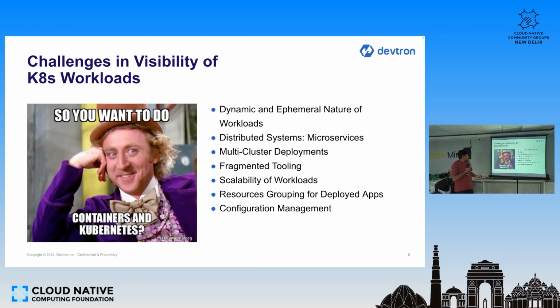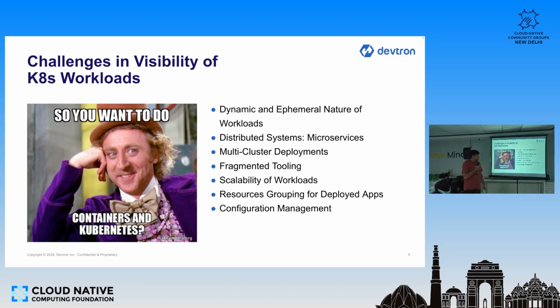So, the challenges for workload visibility. When we handle our Kubernetes infrastructure with kubectl, we do not have full visibility of workloads. Definitely, we can get visibility by running some commands. We can get the details about the pods, logs, at which namespace, what is running. But it has quite a bit of friction. These are some of the challenges.